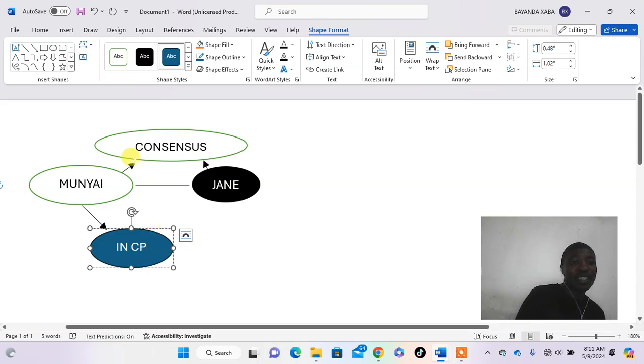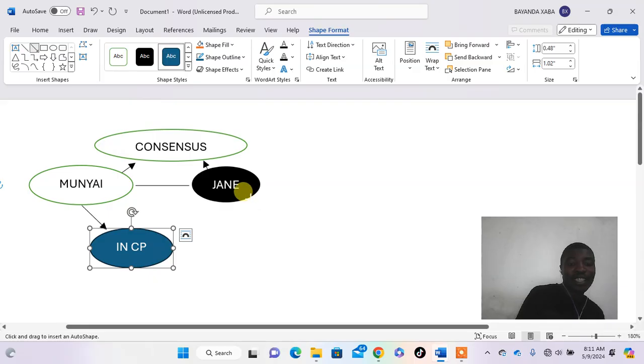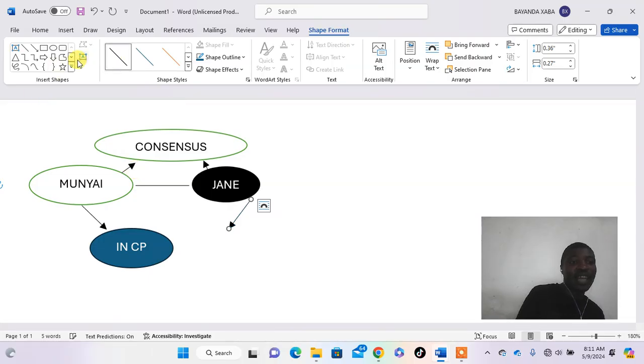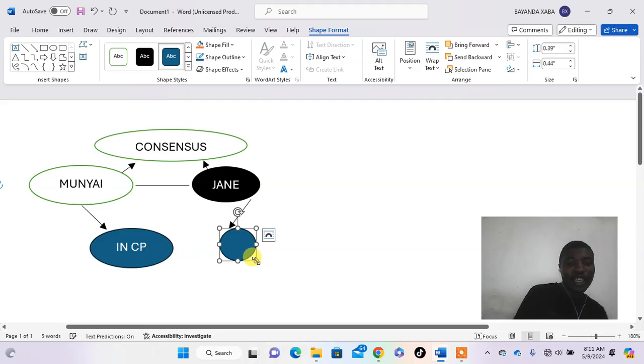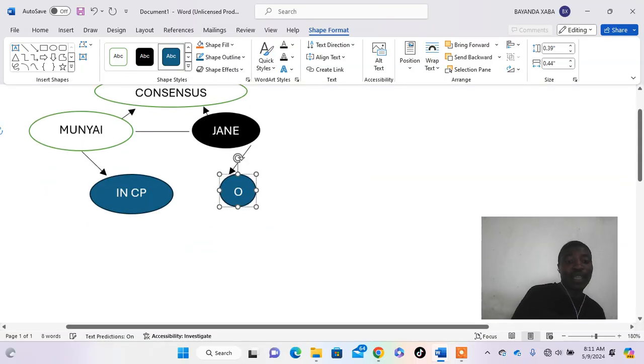Let me write it like this. Munyai thinks that he's getting married in community of property, whereas Jane thinks that she's entering into a marriage out of community of property. All right.